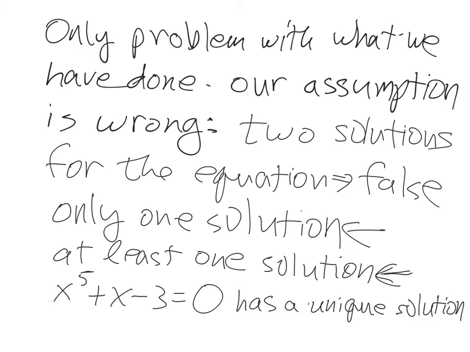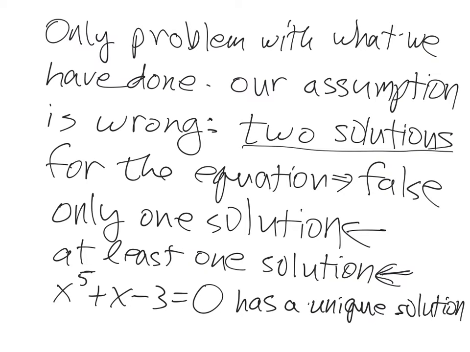Question? Okay, so of the two solutions, it's just that you get a negative. Yeah, going back up here, the assumption that we made is the only thing that could be wrong with what we've done. So we have to say, well, Rolle's theorem would work if our assumption was correct.